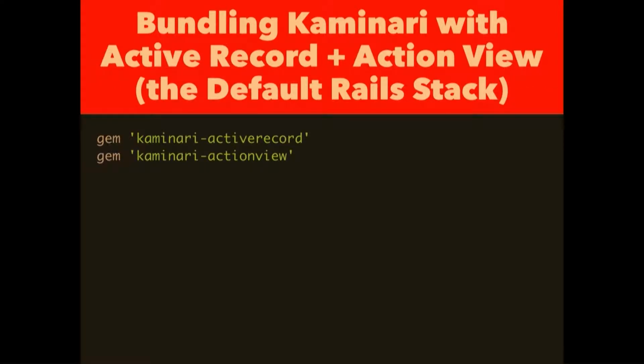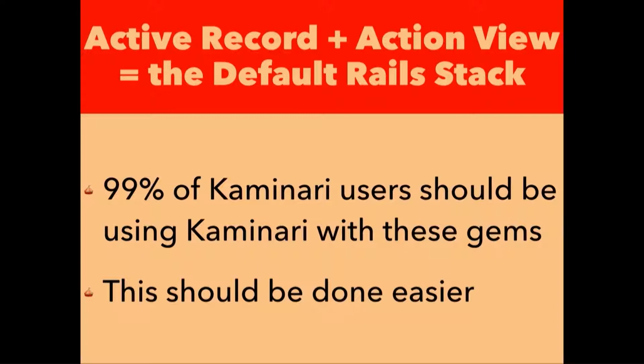And here's how you can bundle the Action View and Active Record adapters, which is pretty much the default Rails stack. I mean, 99% of you will be using these adapters, right?